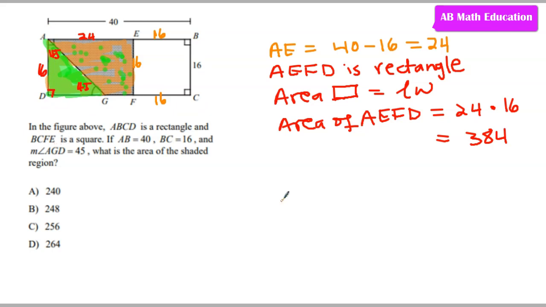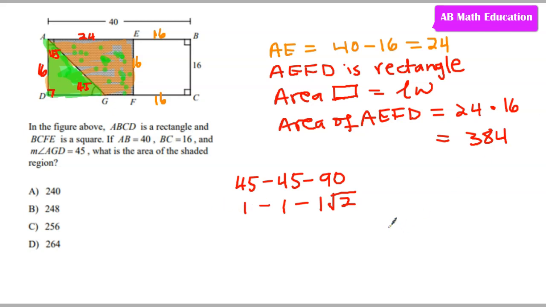So as that one is 16, the special right triangle says that if we have 45, 45, 90, then the ratio is just 1, 1, root 2. This is the basic. I will attach the video as I said.